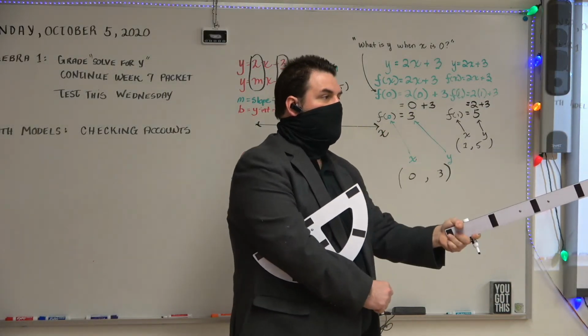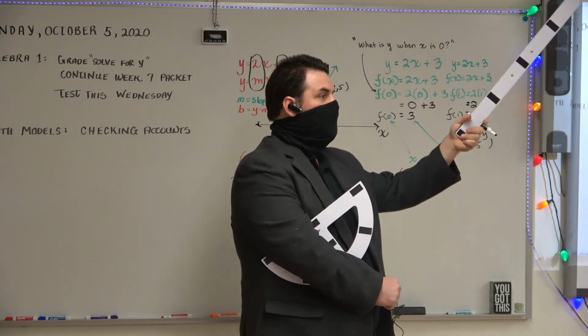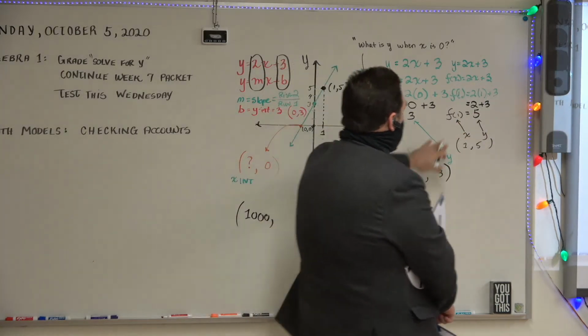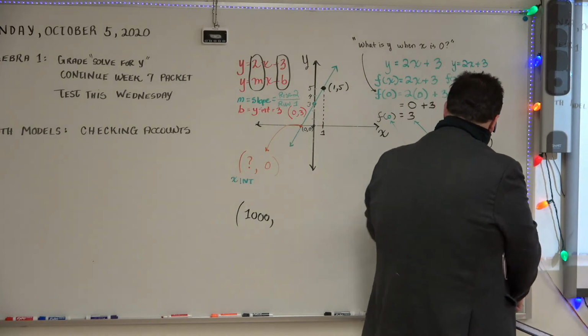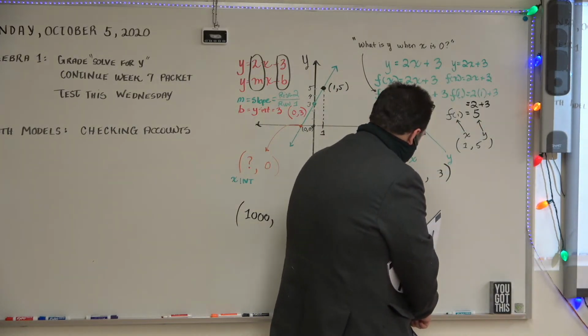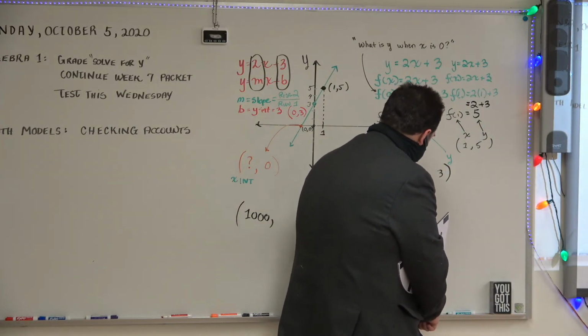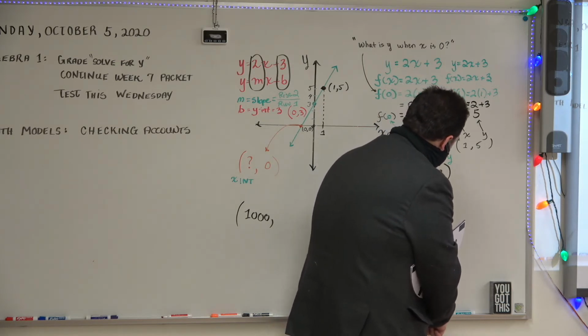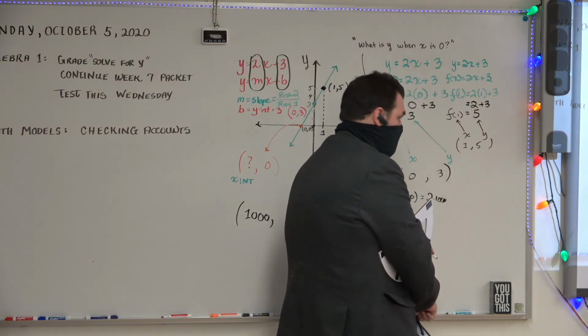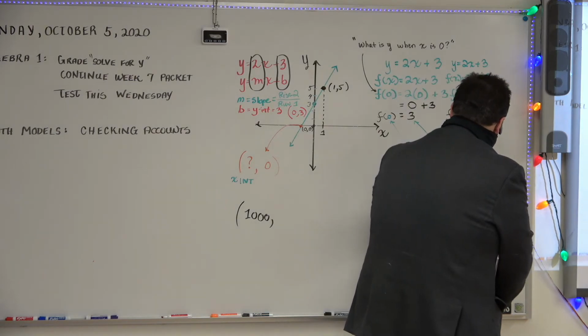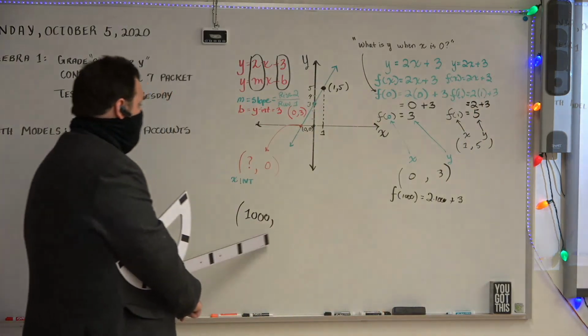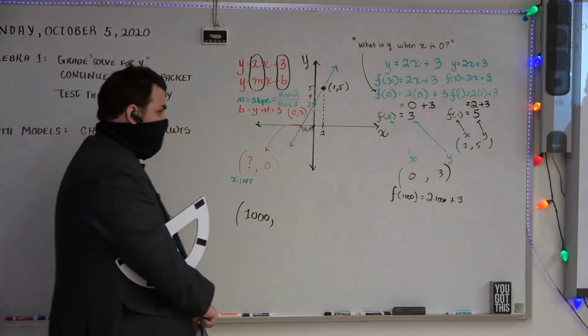Who said that? Great. So look, guys, here's what he did. F of 1,000 equals 2 times 1,000, which is just 2,000, plus 3. How about f of 10,000?